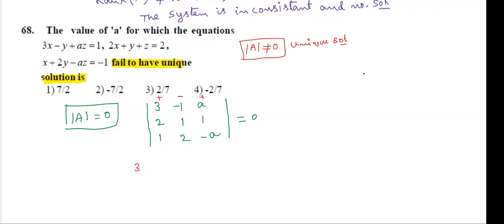Expand, students: 3 into 1 into minus A, 2 into 1, 2 is minus 2, minus of minus, plus 1 into minus 2A minus 1, plus A into 4 minus 1 is equal to 0. Calculate this, you will get the answer.